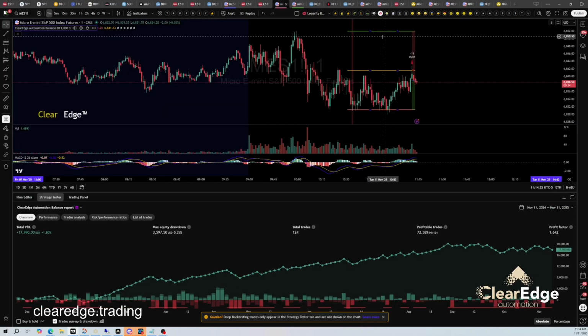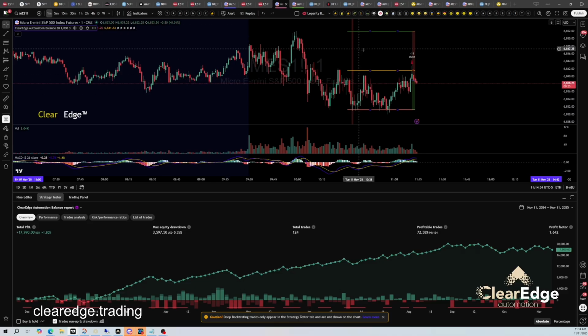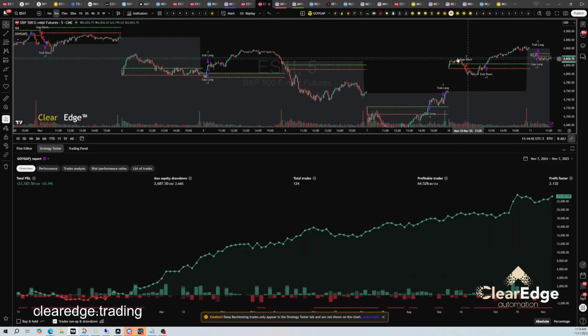And then this is the initial balance, which took a short here just a few moments ago. We get a few more points down and the trail stop will kick in, locking in profits for us, or guaranteeing profits for us. And then the GovGap strategy.